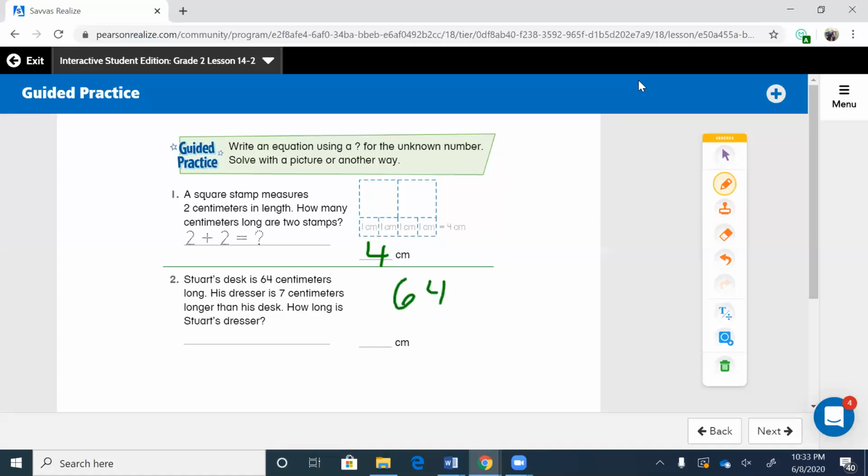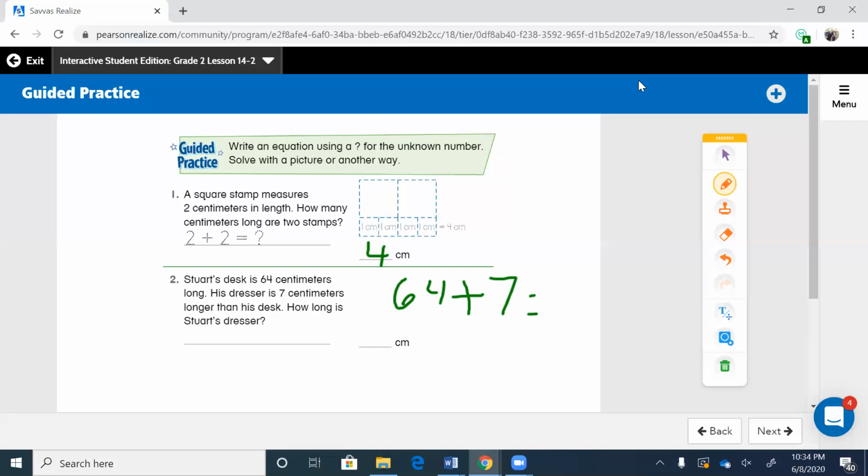And it says his dresser is 7 centimeters longer. So if we want to find out how long Stuart's dresser is, it has to be longer than the desk. How much longer? 7 centimeters longer. So we have to add. We're going to add 64 plus 7.